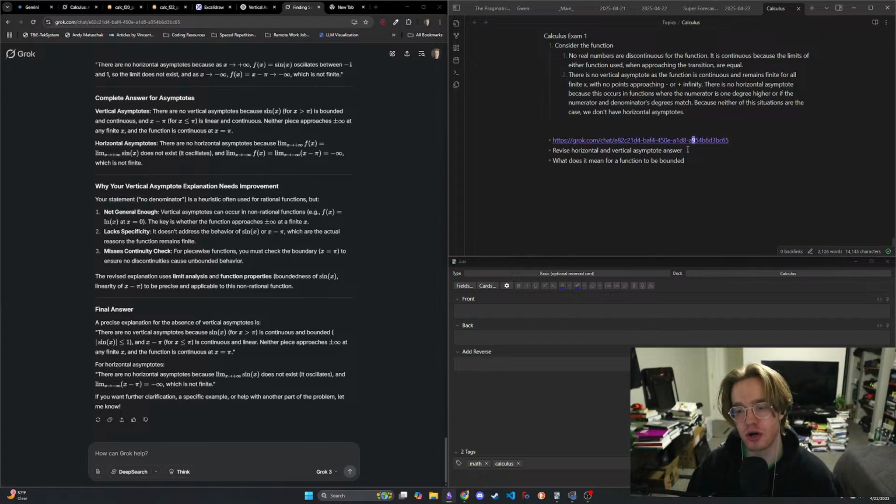Okay, so we want to figure out what it means for a function to be bounded. And also, my horizontal and vertical asymptote answers were only for rational functions, and that's sort of just a rule of thumb, right? So I need to have one that also describes functions that aren't rational.